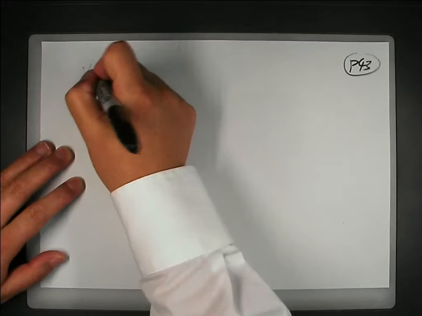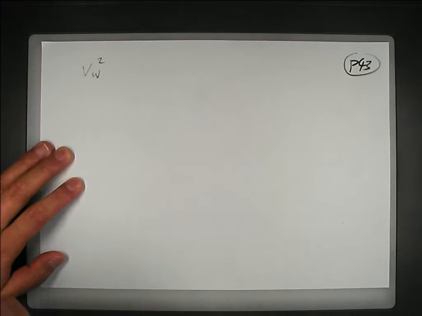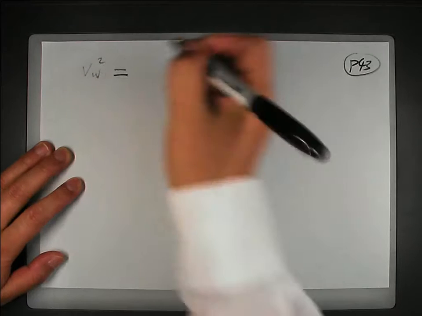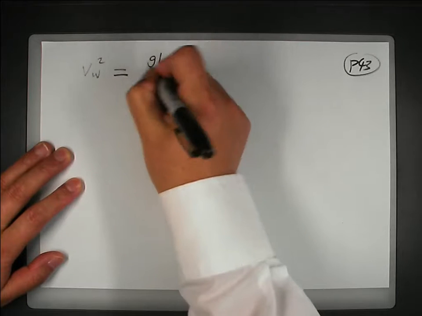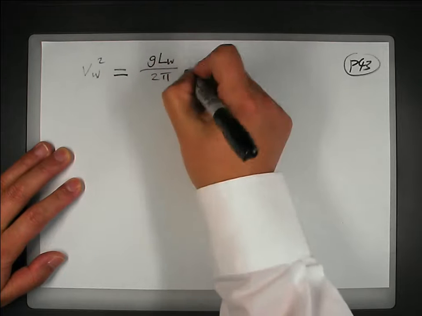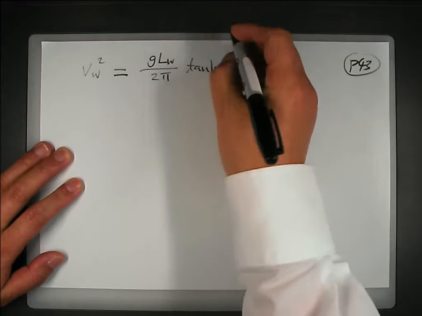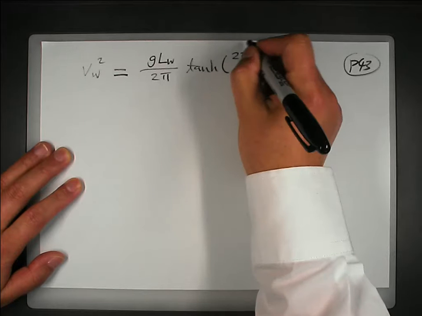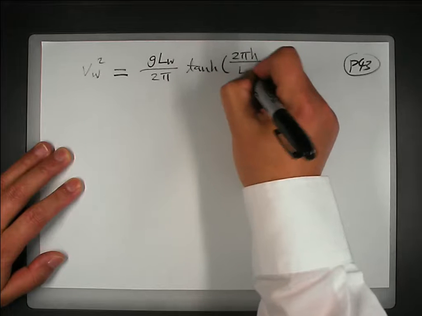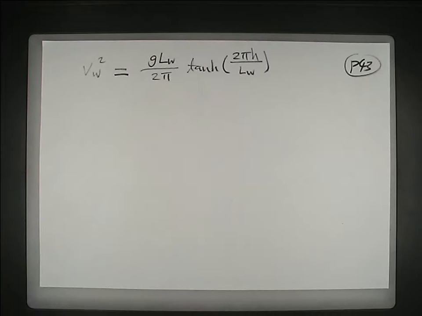So page 43. According to wave theory, the wave velocity can be expressed by this equation: V squared equals g L_W over 2 pi times tanh(2 pi H over L_W).